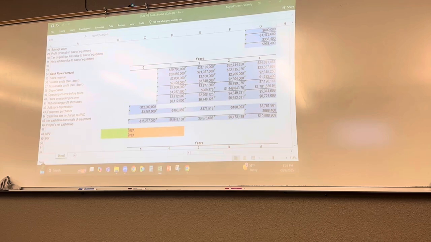Column G, you're not capturing the net cash flow from sale of equipment. Yeah, you're right. Thank you. Sorry, yeah, that's correct.